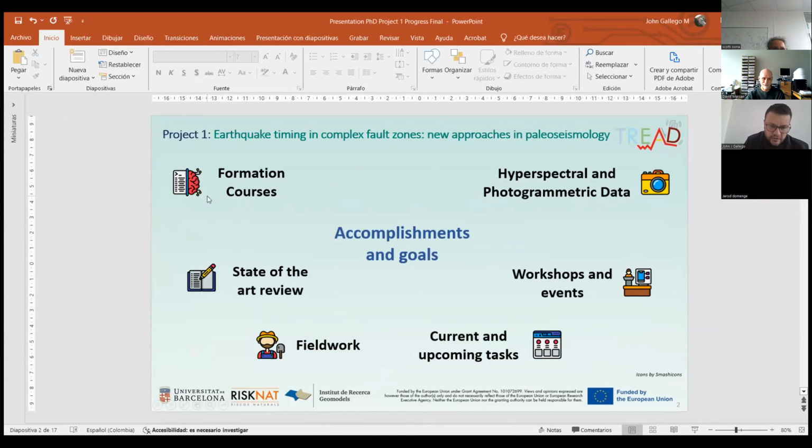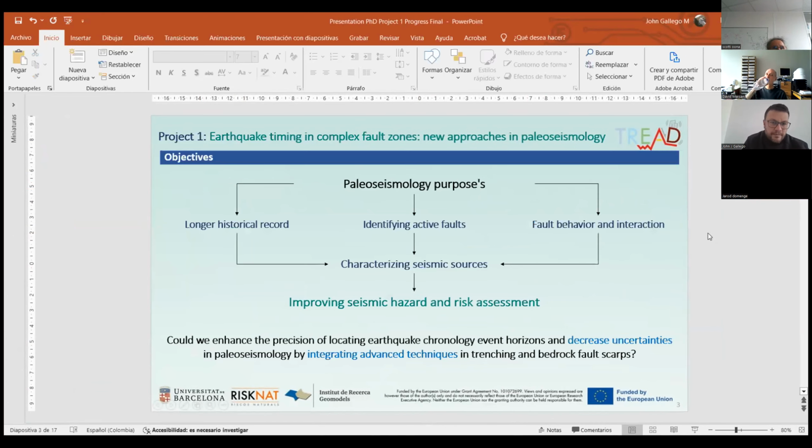I have to go really fast here. My idea is to show the general things that I've been doing during this month. The main purpose of my PhD is paleoseismology. This is really important for seismic hazard assessment because we can expand our seismic catalog, identify active faults, and by understanding the frequency and period of past earthquakes, we can learn a lot about fault behavior and interaction.